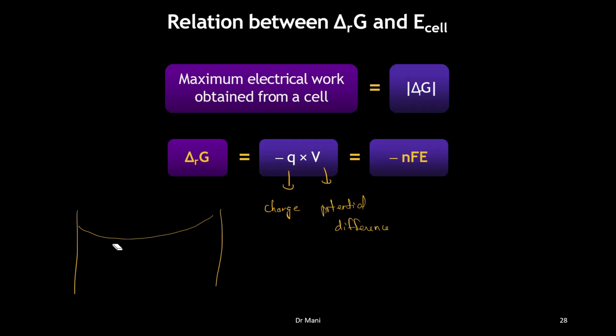So what they did now, they increased the potential at this pole and decreased the potential here. Now even if you send a lesser amount of current, it will go to the maximum level without any waste. Understood? So the more the potential difference you have, the more the Gibbs energy you will have. The more the charge you have, the more the Gibbs free energy you will have. The better the battery performance is.